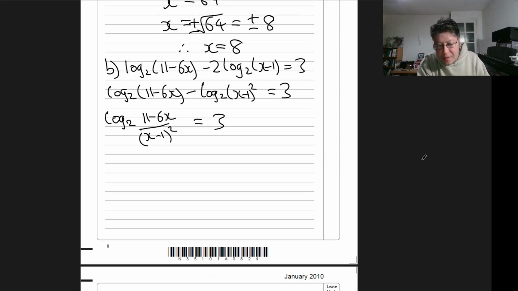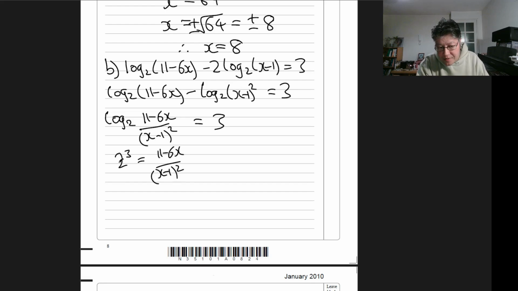Okay, so now that we only have one log over here, we can put this in index notation. It should be 2 to the power of 3 equals all of this. So 2 to the power of 3 equals (11 minus 6x) over (x minus 1) all squared. Now we can solve this.